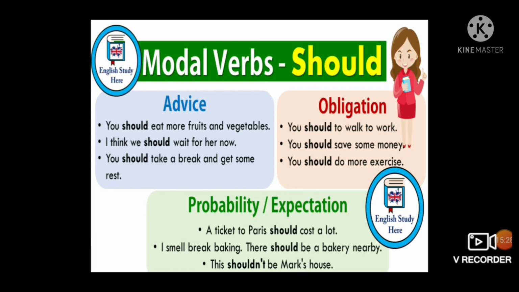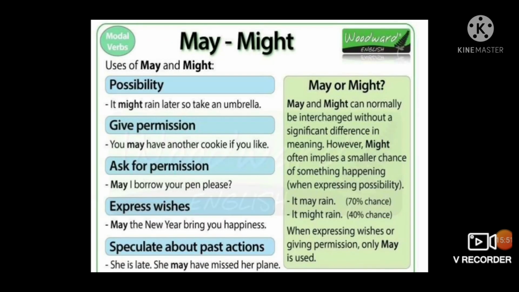It is also expectation and probability. Sometimes we can say, you should be here at 7 p.m. It's also expectation. They should be here. That is expectation. So while giving advice, stating obligations, or expressing probability and expectation, we can use should.